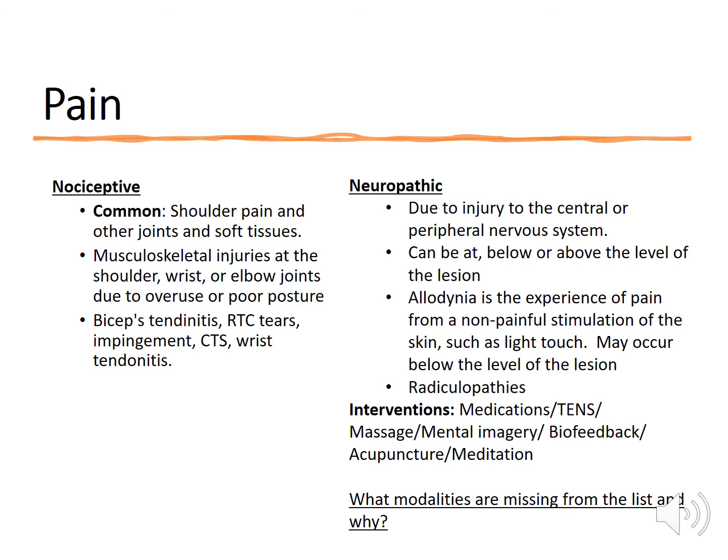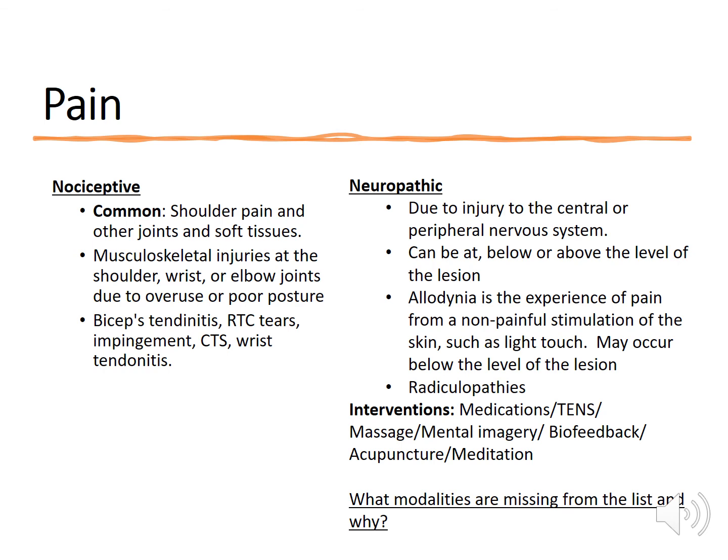Okay, the patient may also present with radiculopathies. So in order to treat these types of pain, we know about our modalities that we can use. So TENS, massage, mental imagery, biofeedback, acupuncture, meditation, as well as it can be treated with the use of medications.